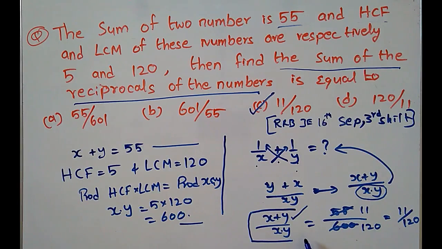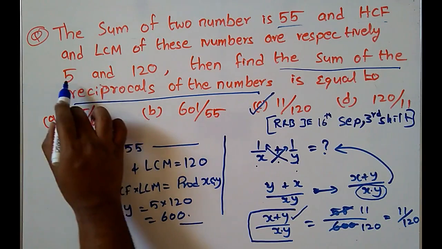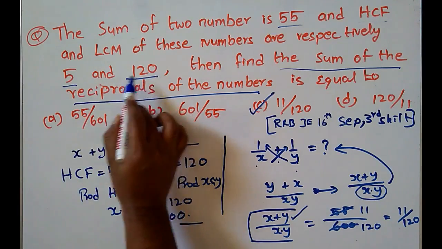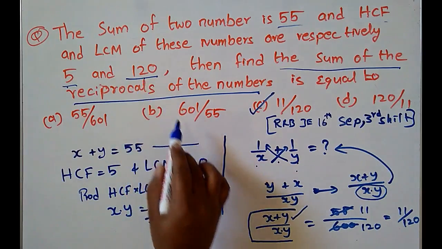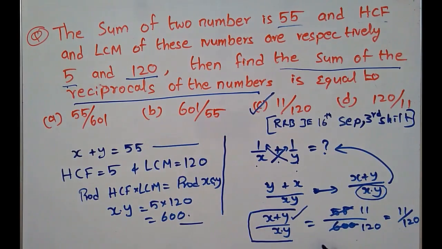We need the product of the numbers. The product is not directly given, but the HCF and LCM are given. If we multiply this LCM and HCF, we get the product of the numbers, which we can substitute here. By substituting here, we get the answer 11 by 120.